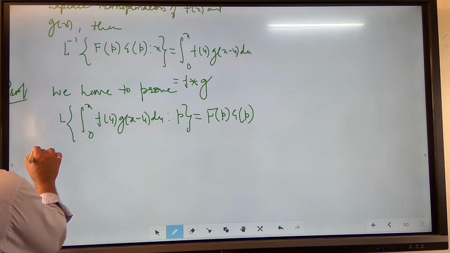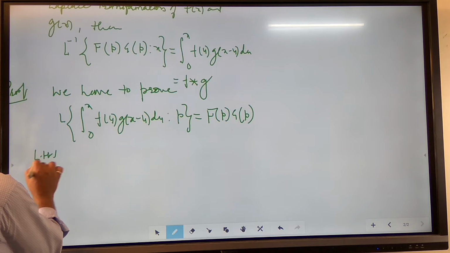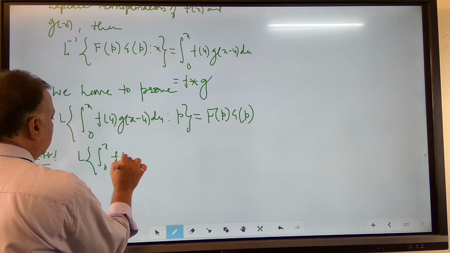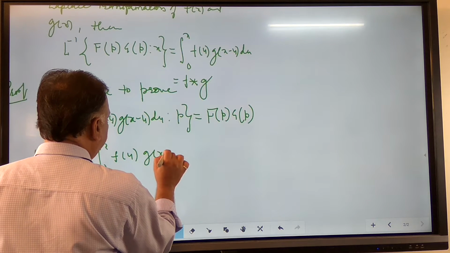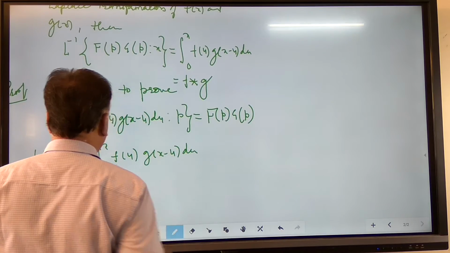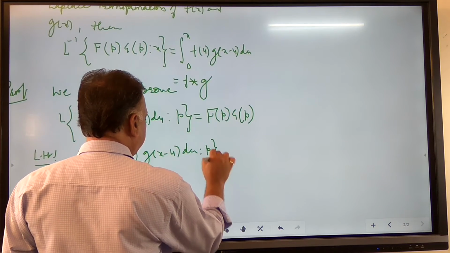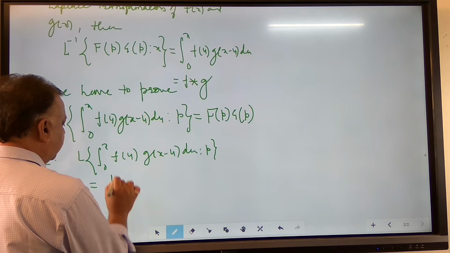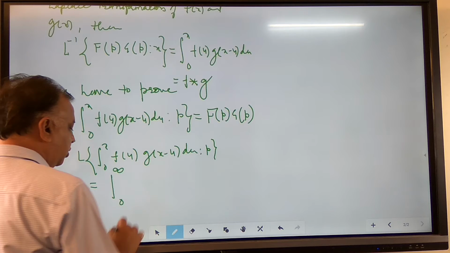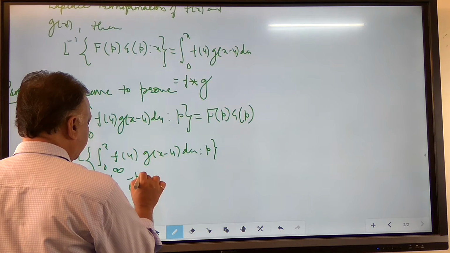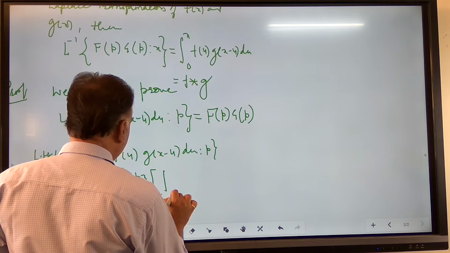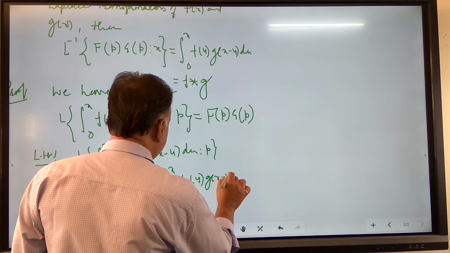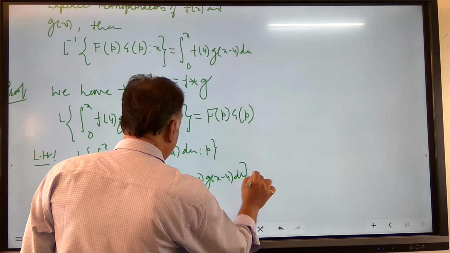The left hand side, we use the Laplace transformation of integral 0 to x f of u g of (x minus u) du with respect to p. By definition, this is equal to integral 0 to infinity e raised to minus px integral 0 to x f of u g of (x minus u) du dx.